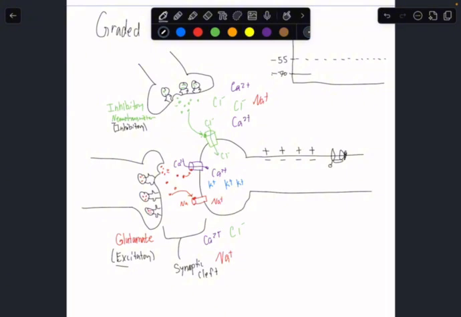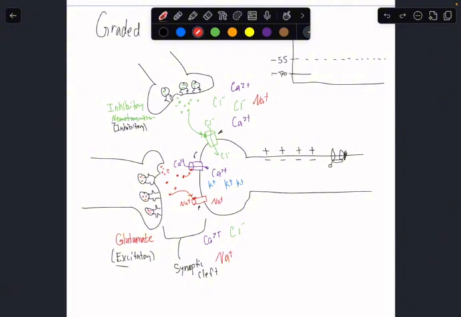On the end of this neuron we have different channels: a chloride channel, calcium, and also a sodium. What we're trying to do is get the inside of the cell positive enough so that we can send that action potential or send that signal.